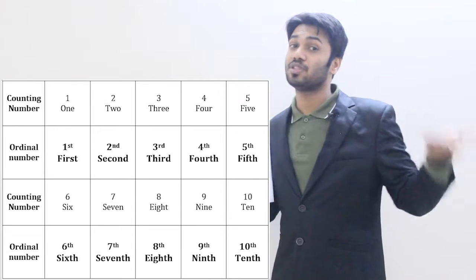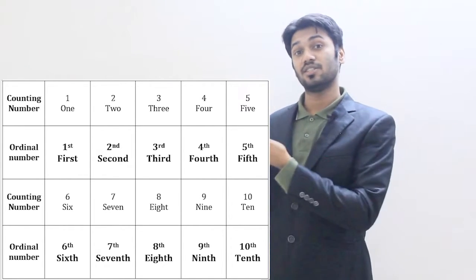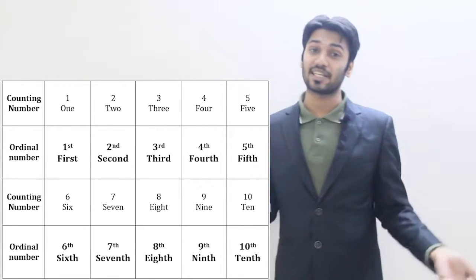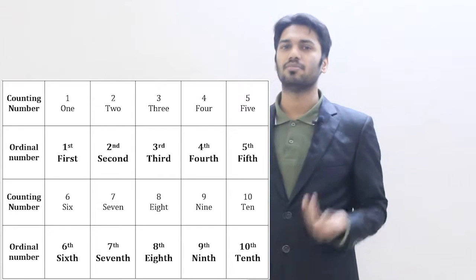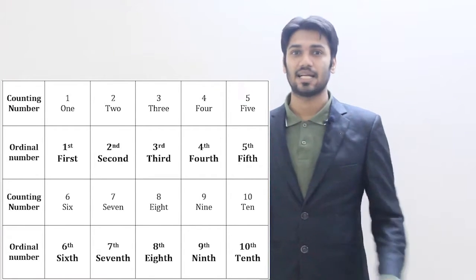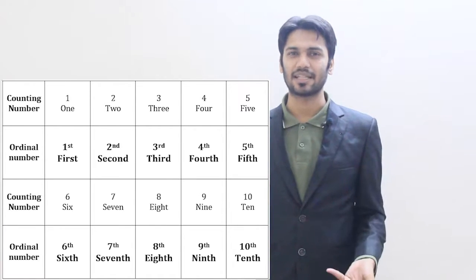So 3 becomes third, 4 becomes fourth, 5 becomes fifth, 6 becomes sixth, 7 becomes seventh, 8 becomes eighth, 9 becomes ninth, 10 becomes 10th.